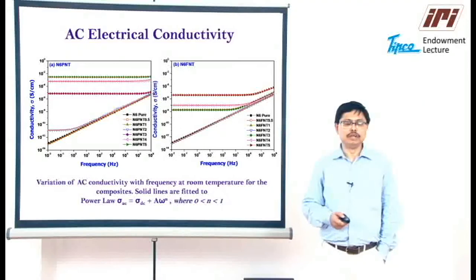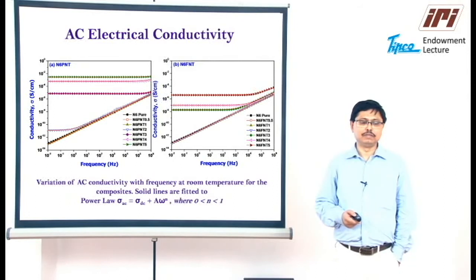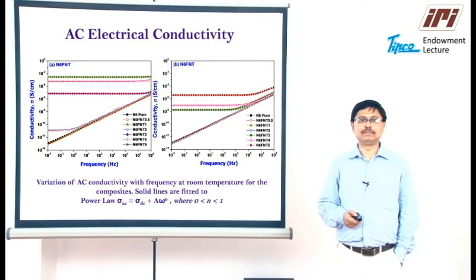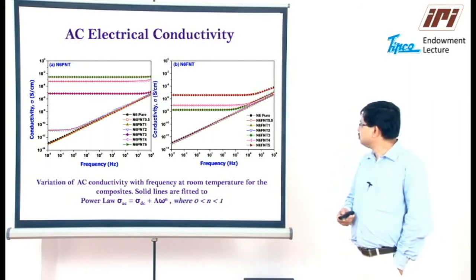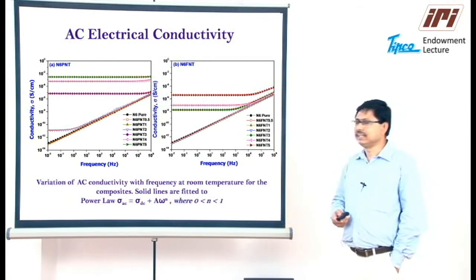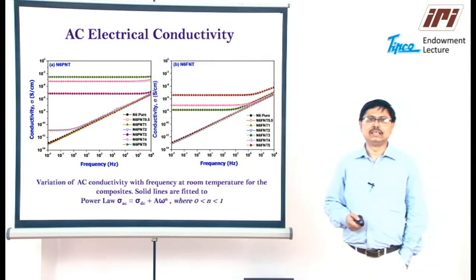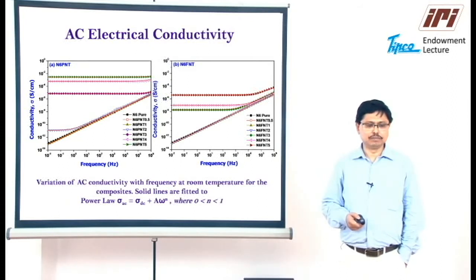Through electrical conductivity measurement, one can observe that both purified and functionalized multi-wall carbon nanotube based composites show an electrical percolation threshold between 2 to 3 weight% in both cases, whereas purified multi-wall carbon nanotube materials show higher electrical conductivity as compared to their functionalized multi-wall carbon nanotube based composites.